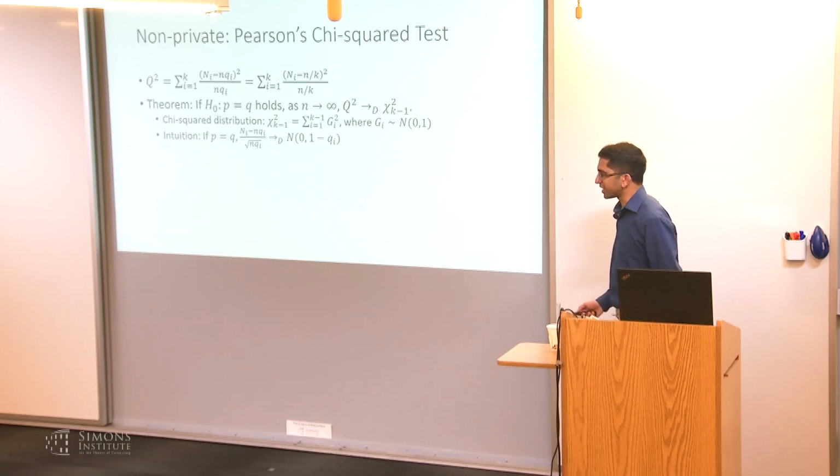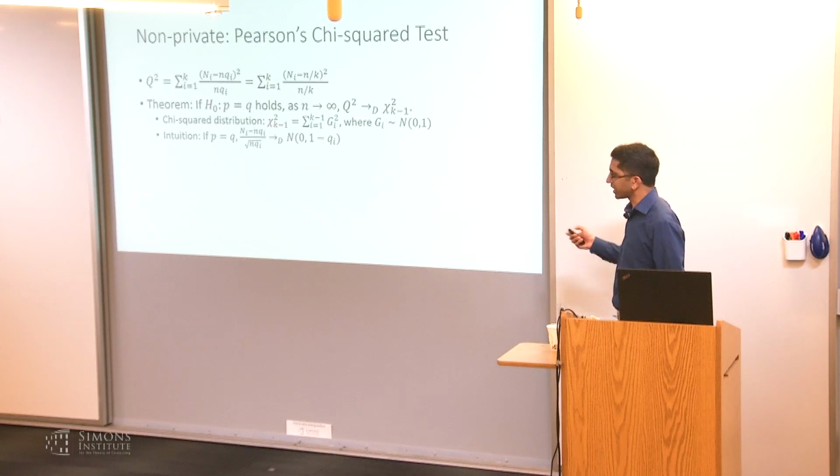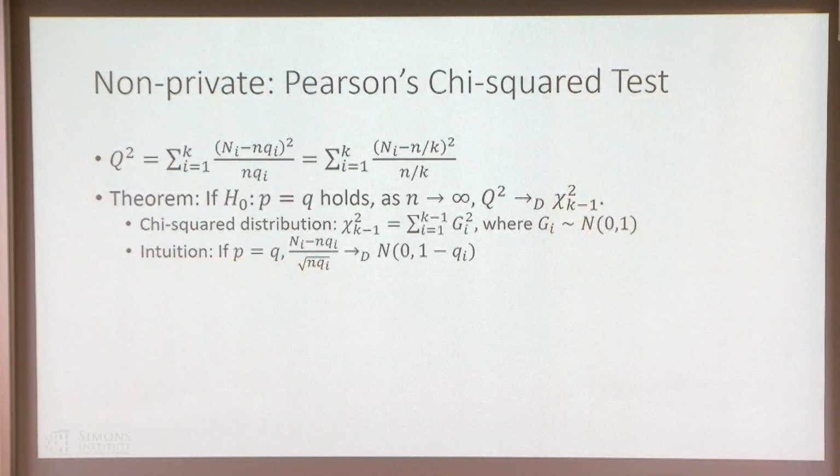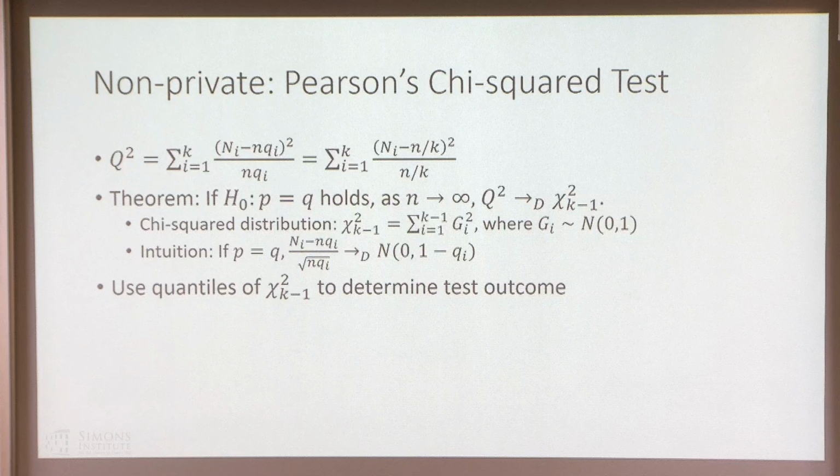And the idea is that essentially what this theorem says is, again, if you're looking at samples truly from the uniform distribution, then we can predict what the distribution will be of this Q squared, except in an asymptotic sense. So we're going to use quantiles of this asymptotic distribution to determine the test outcome.